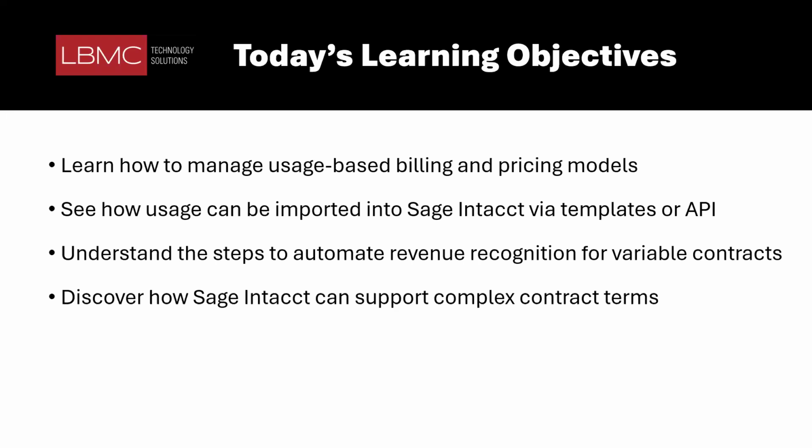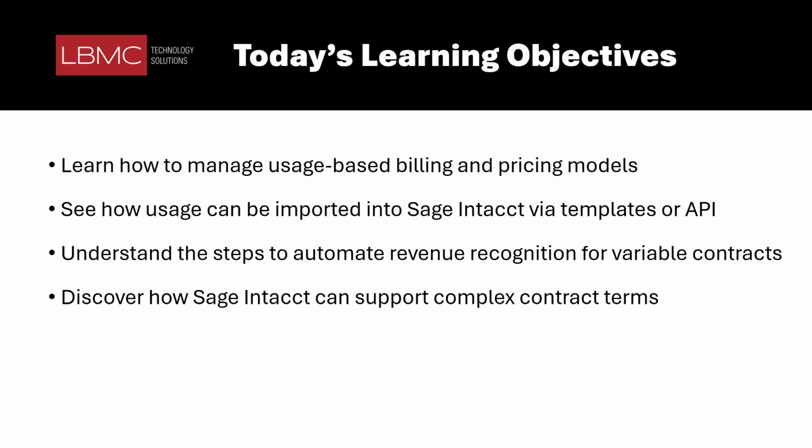So our learning objectives for today are to learn how to manage our usage-based billing and pricing models, see how usage can be imported into Sage Intacct via templates or through the API. We're going to understand those steps to automate revenue recognition for variable contracts and how usage is recognized in different ways depending on how we set it up.